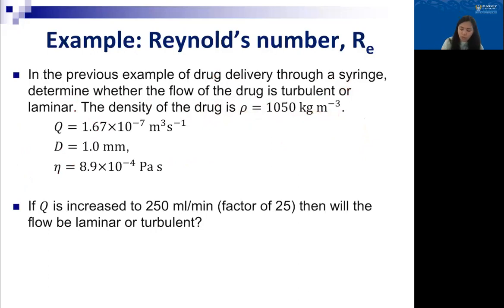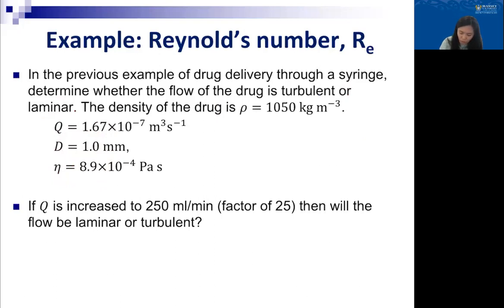From the previous example, we already solved for the flow rate of the drug out of the syringe. The diameter of the syringe was also given in the previous example, and the viscosity of the drug was also given.